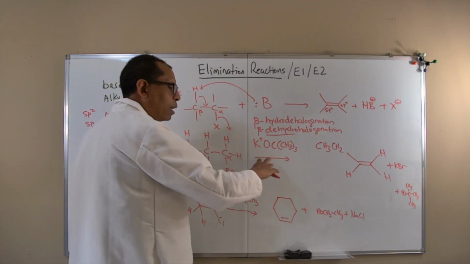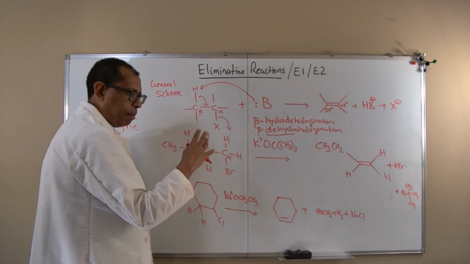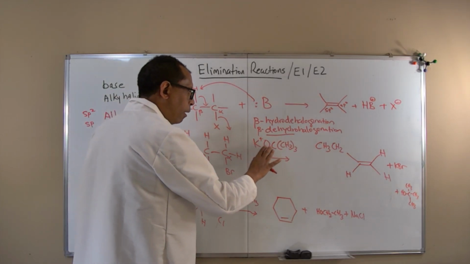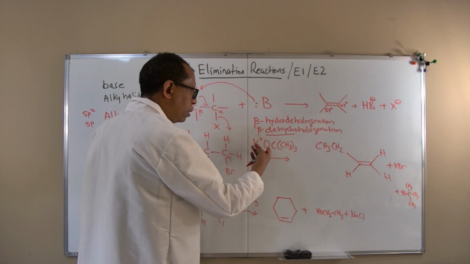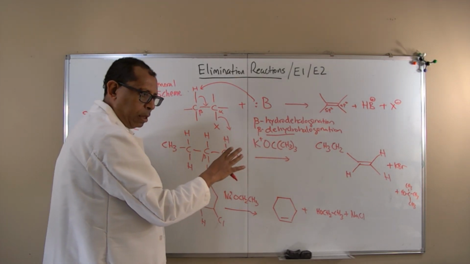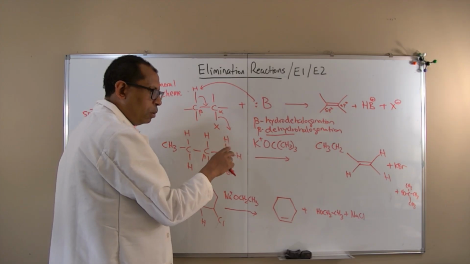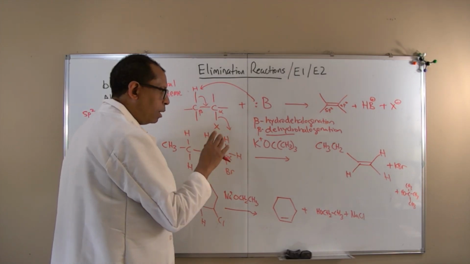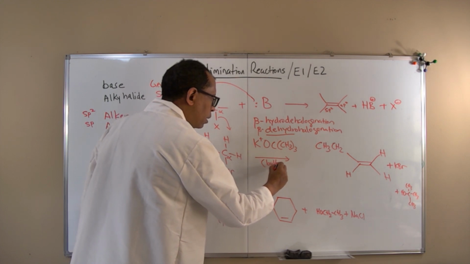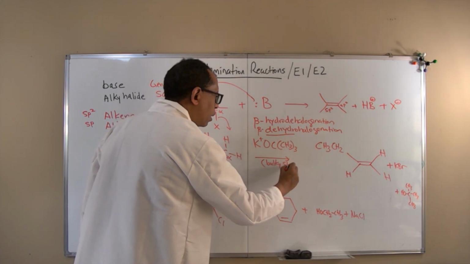Here we have a bulky base. From now on, most often I would explain or come up with a term like bulky base. Potassium tertiary butoxide is a bulky, strong base. So here you need to remember this is a bulky, strong base.